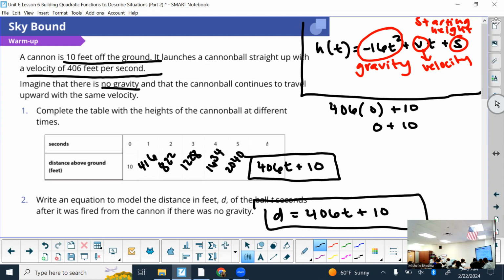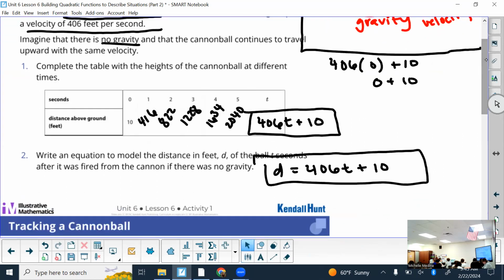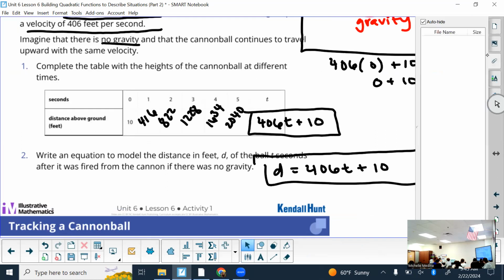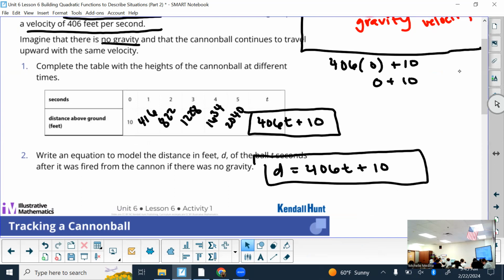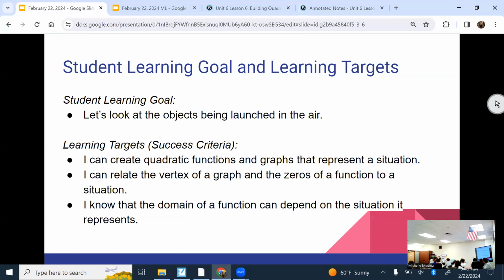Okay, so then, did all the groups get to speak? I think I started that. So we'll keep going with where we're at now, but let me briefly read you the goal. Today we're going to be looking at objects launched in the air. Yesterday was when they're dropped, assuming no velocity.